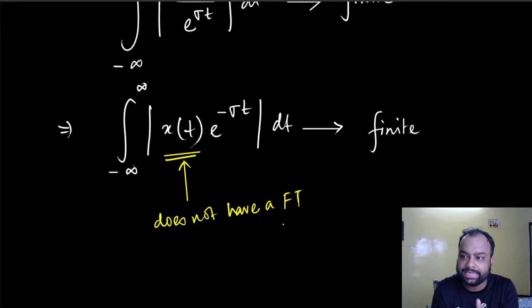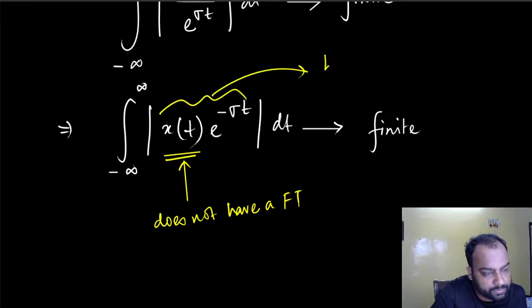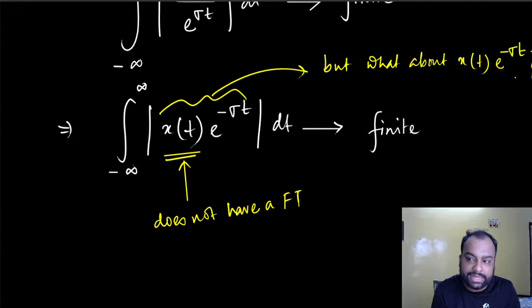This x(t) signal does not have a Fourier transform by itself because it violates the necessary condition for the existence of a Fourier transform. But what about x(t) into e to the power minus sigma t? This one at least satisfies the necessary condition, right?